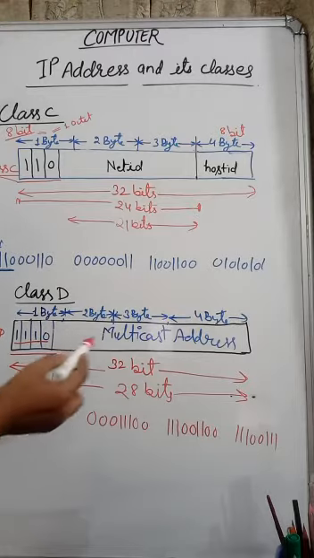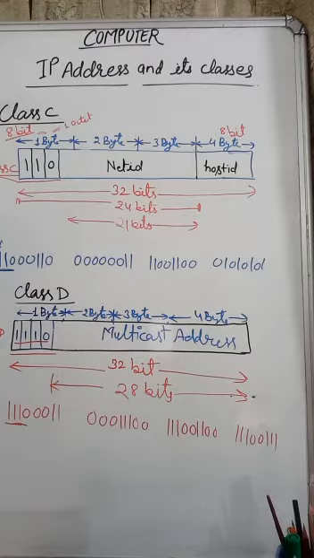Here, multicast address. What is multicasting? Multicasting is defined as a single source sending to multiple recipients on a network. Multicasting has its own class D IP addressing scheme, controlled and assigned by IANA, the Internet Assigned Numbers Authority.